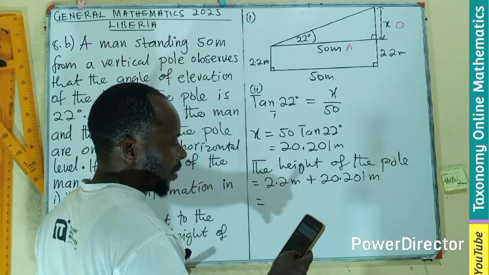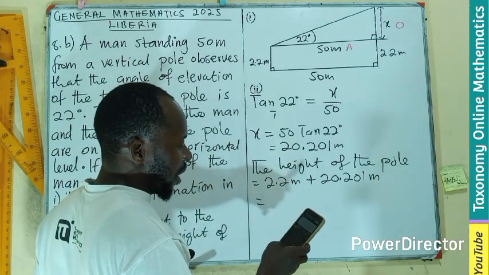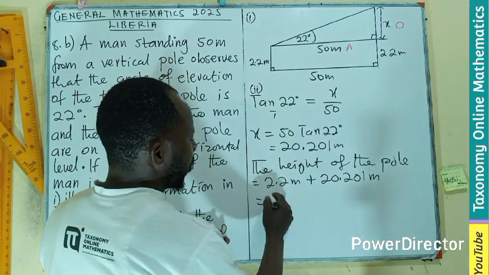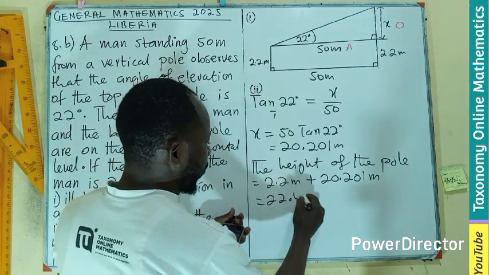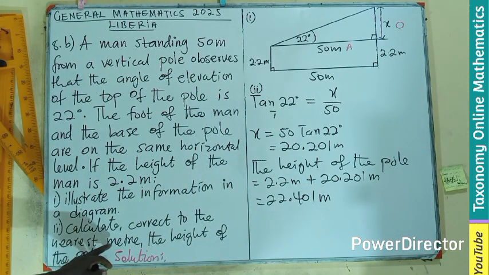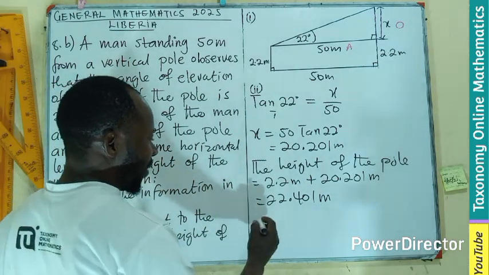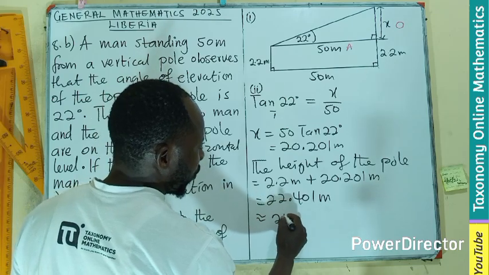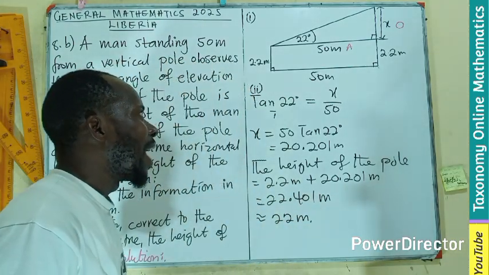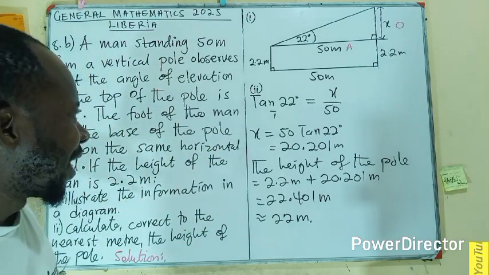Let's cross check. We have 20.201 plus 2.2, that will be 22.401 meters. But we are leaving the answer in the nearest meters. So this is going to be 22 meters. So in all, the height of the pole is 22 meters.